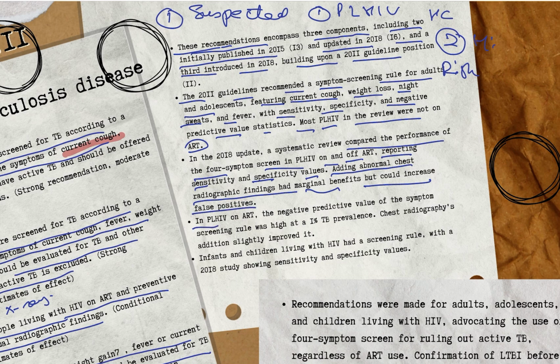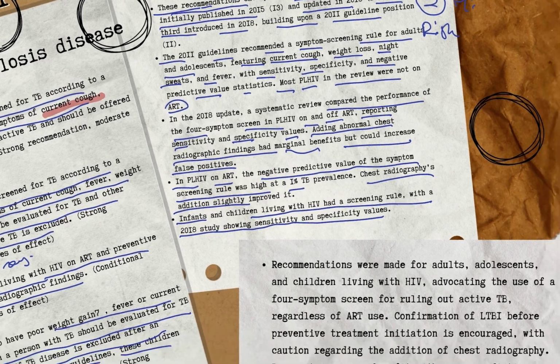In people living with HIV on ART, the negative predictive value of the symptom screening rule was high. At a given TB prevalence, chest radiography addition slightly improved it. Infants and children living with HIV had a screening rule, with a 2018 study showing sensitivity and specificity values.